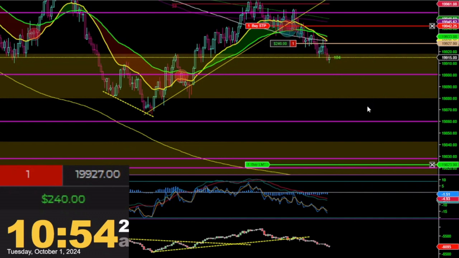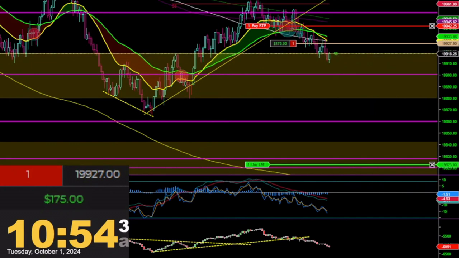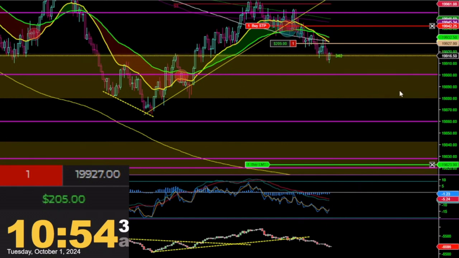Again, that's why you're seeing that. It's getting to one level and there are more buys there, so it's going to get a little reaction. You're going to keep getting that. But everything's still pointed down.